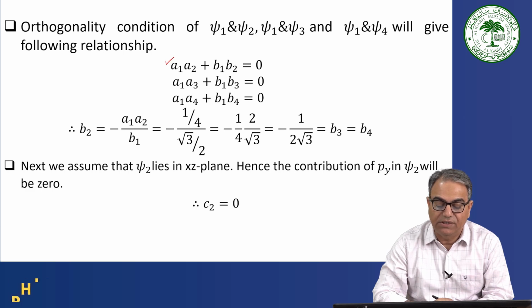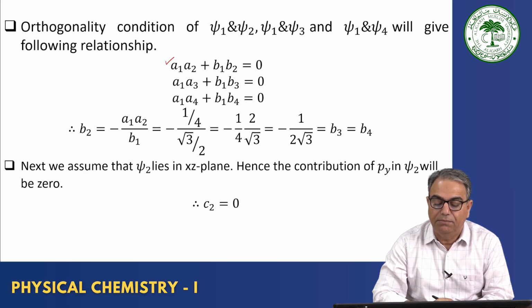And if you look at the first equation, then b2 you can write as minus a1 a2 divided by b1. If you write the second equation, then you can write b3 is equal to minus a1 a3 divided by b1. And if you write the third equation, then you can write b4 is equal to minus a1 a4 divided by b1.